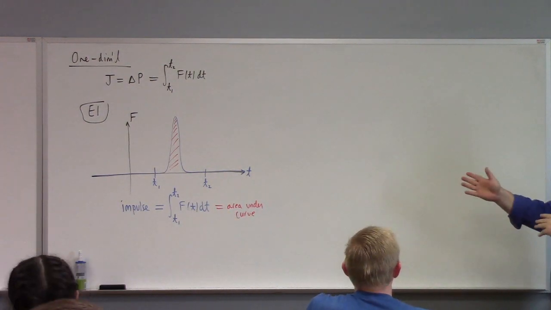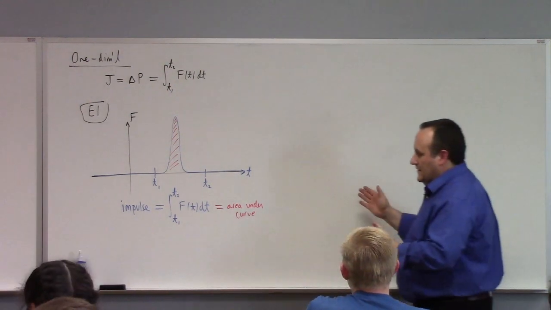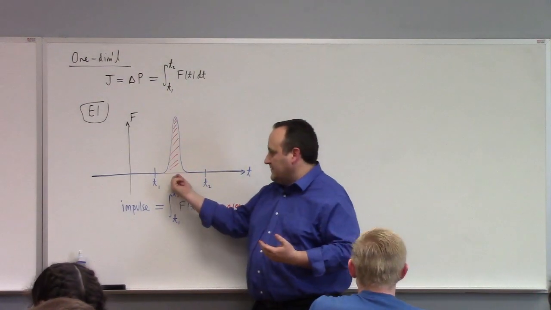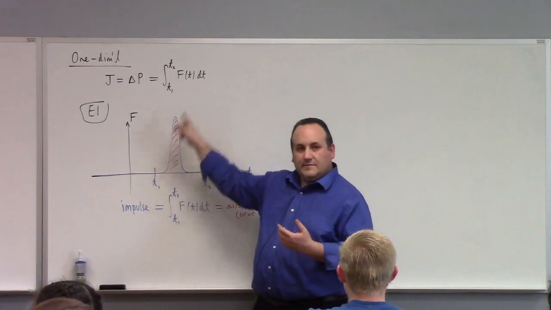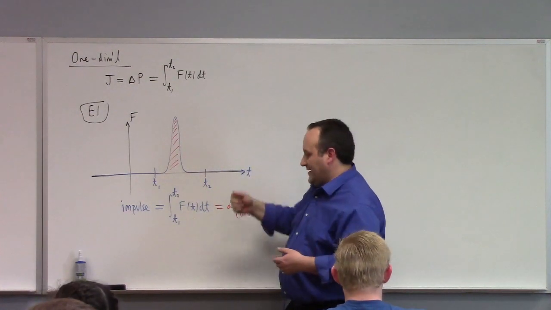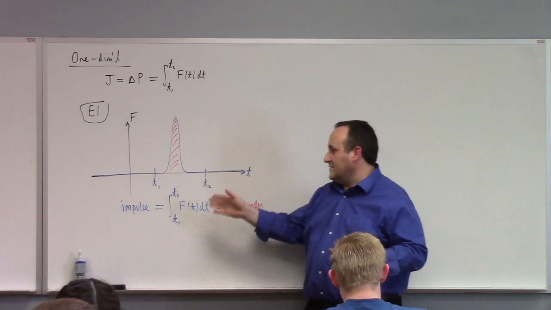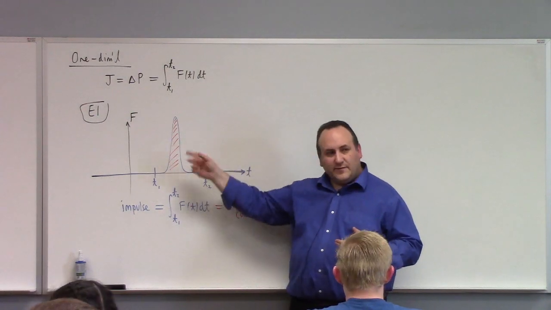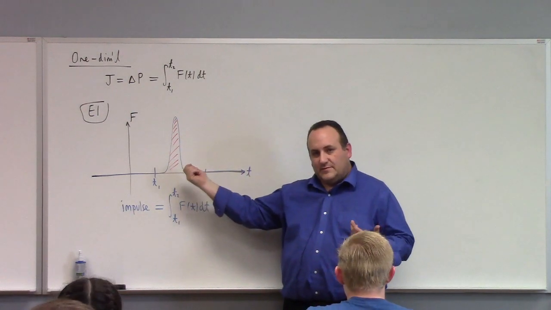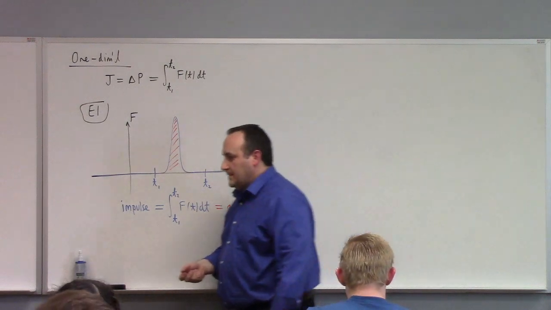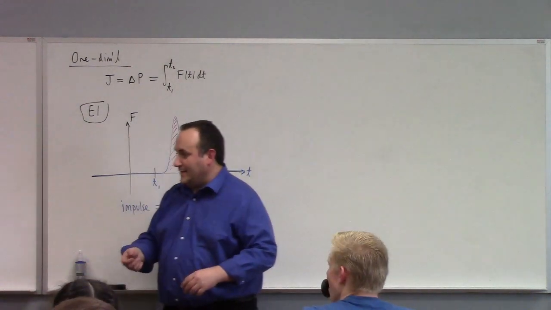The idealization of this is called the Dirac delta function. It's like a spike. If you want to talk about something like a hammer hitting a nail at an instant, you use this function which goes to infinity at one point, and the area under it is just equal to 1. It's called the Dirac delta function. But maybe you'll talk about that.